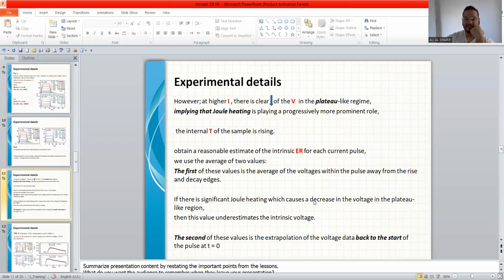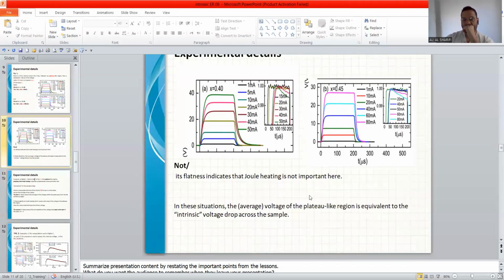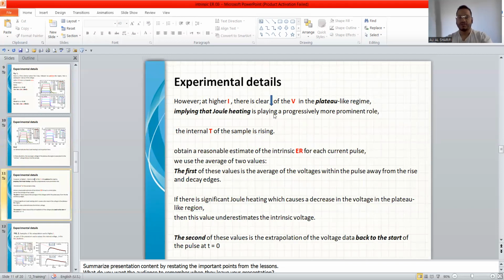However, at high current, there is a clear decrease of the voltage. In the second part I'm talking about, the increasing, there is a huge decrease in the voltage. Yes, the voltage of the plateau-like region decreases, implying that Joule heating is playing a progressively more prominent role.